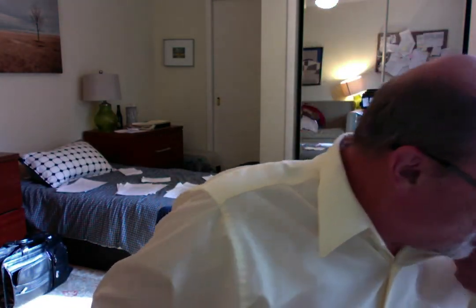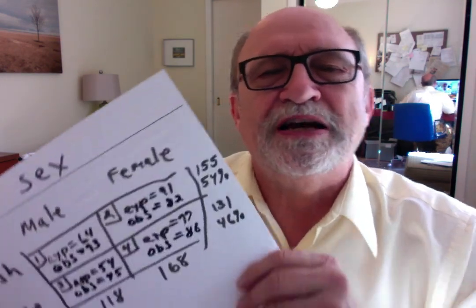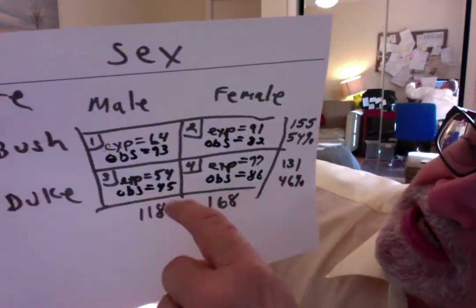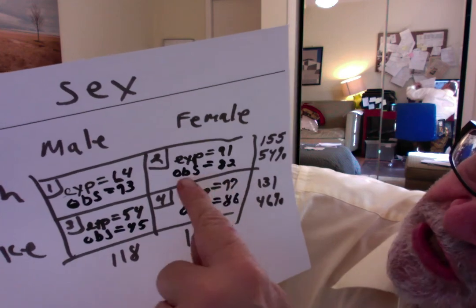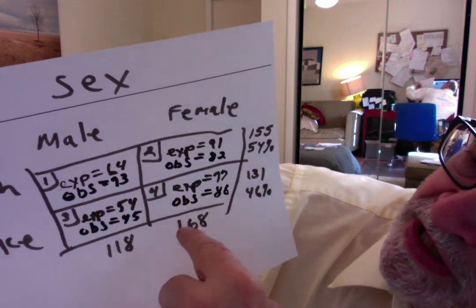Okay? Then the next step, Carl Pearson says, is we know what the expected values are if the null hypothesis is true. Now let's look at the exact observed value when we did the study. We know how many females in our study voted for Bush and how many males. So let's put the observed values. And so you see, I have a second piece of information. These are the observed values.